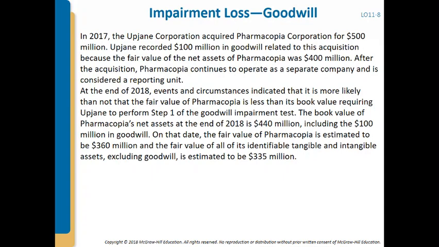On that date also, the fair value of Pharmacopoeia is estimated to be $360 million, and the fair value of all identifiable tangible and intangible assets, excluding goodwill, is estimated to be $335 million. Okay? I know that's a lot to take in.